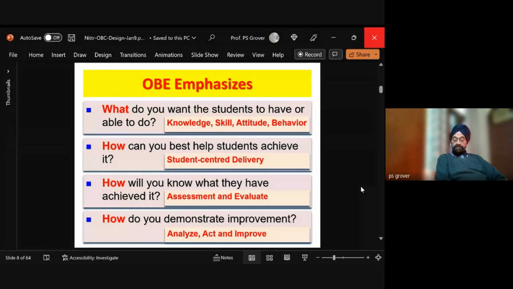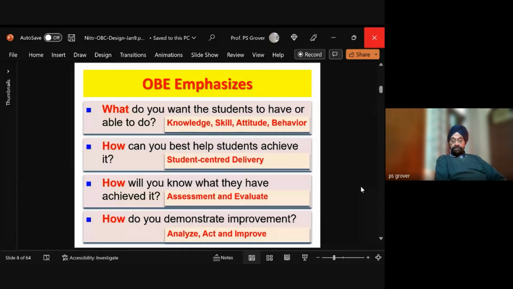Evaluation is analyzing and interpreting the data. So how will you collect data for different types of learning of the student, and how will you evaluate that? Then how do you demonstrate improvement? Demonstrating improvement is important in measurements, and demonstrating that we are improving.